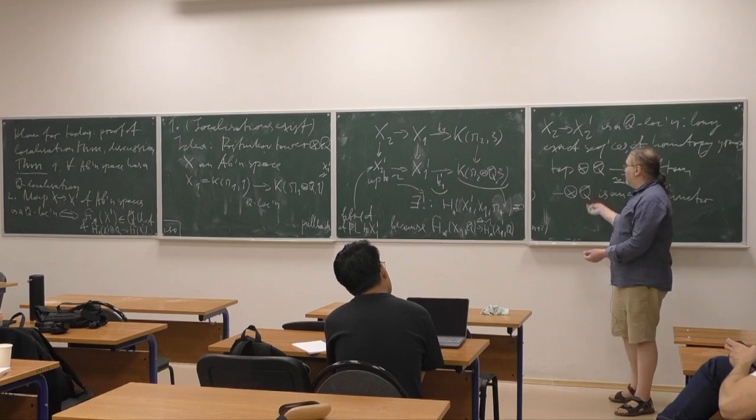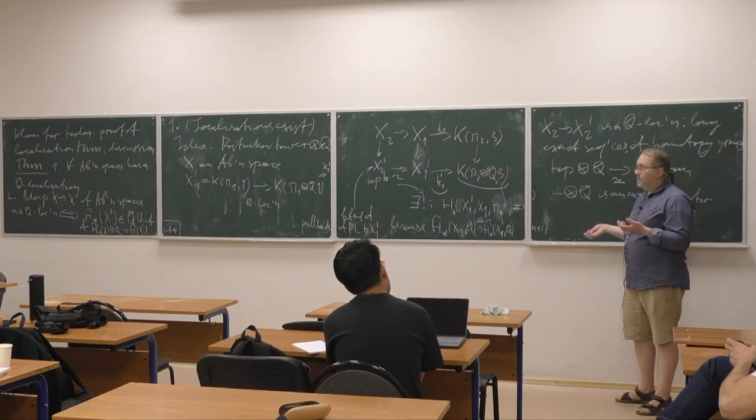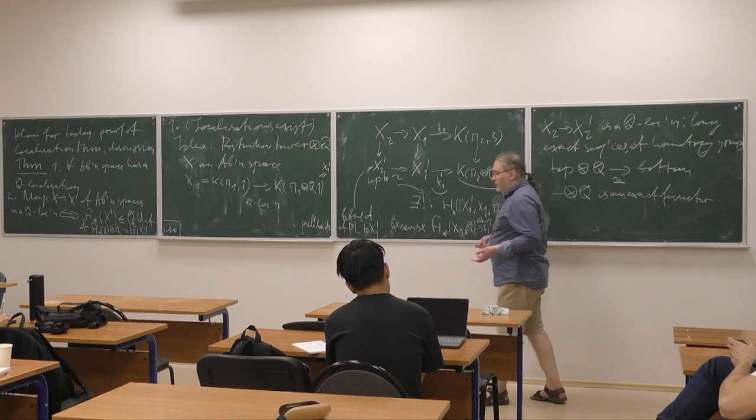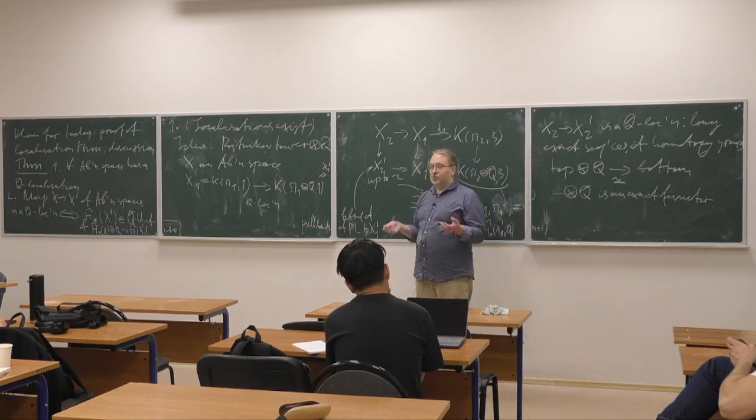Why? I take the top row. Q is a torsion-free abelian group, so tensoring by Q is exact.